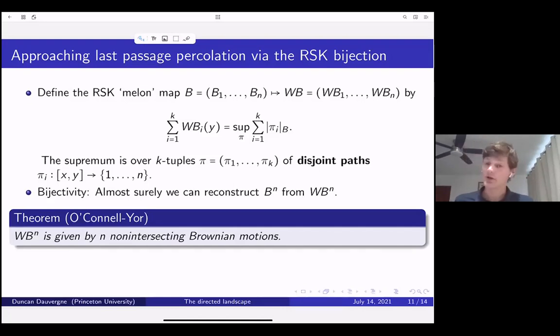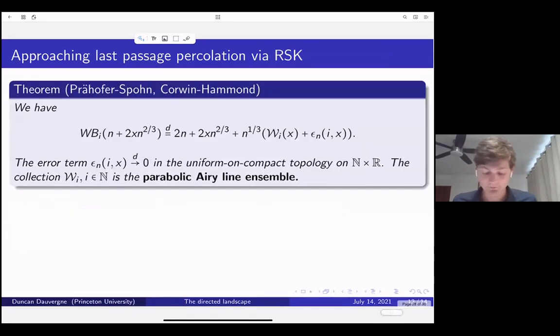So we're going to try and take the KPZ scaling limit of WB^n. This was done at the level of finite dimensional distributions by Prähofer and Spohn, and then later the version that I'm stating, this uniform on compacts convergence, was done by Corwin and Hammond.